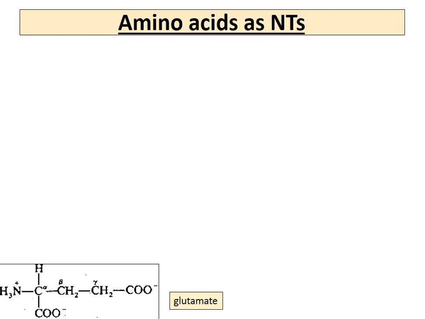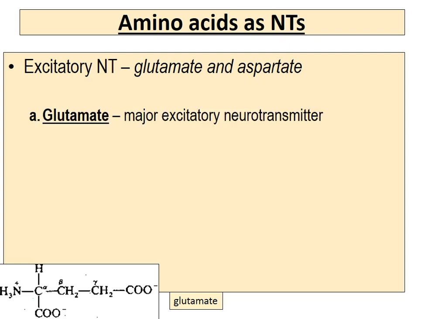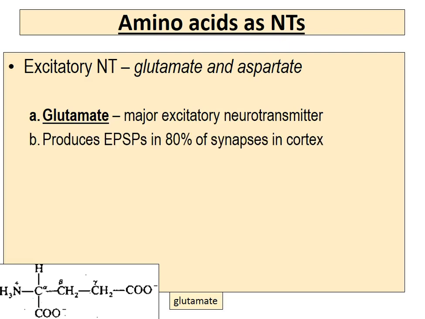For example, amino acids. We were talking about amino acid derivatives, but now we're talking about amino acids themselves. The main excitatory neurotransmitters are glutamate and aspartate. Glutamate is the major excitatory neurotransmitter in the central nervous system.